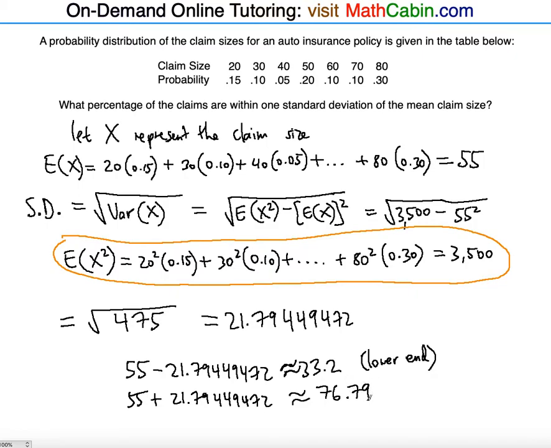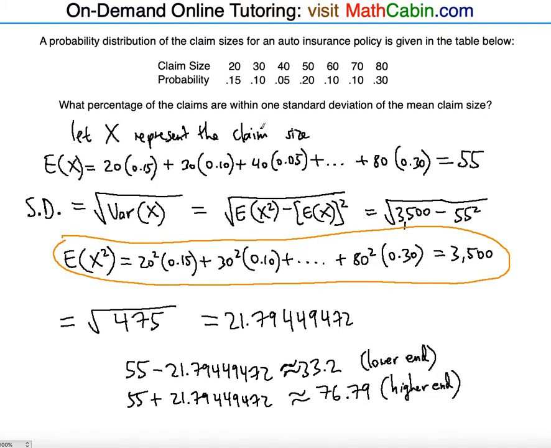Rounding it to the nearest hundredth. Okay, so that's the higher end. So this is the higher end and this is the lower end. Right? So we have to see how many fall within this range from 33.2 to 76.79.